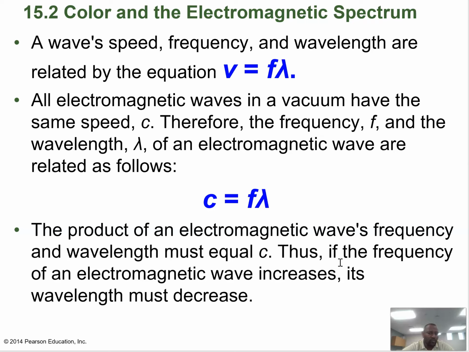The product of an electromagnetic wave's frequency and wavelength must equal c. If the frequency of an electromagnetic wave increases, its wavelength decreases. So frequency and wavelength are inversely proportional, but their product is the constant c.